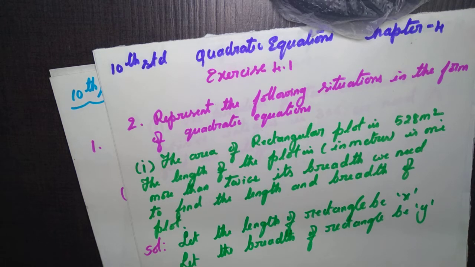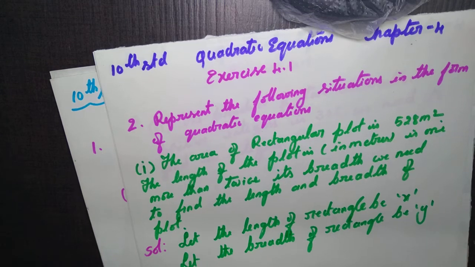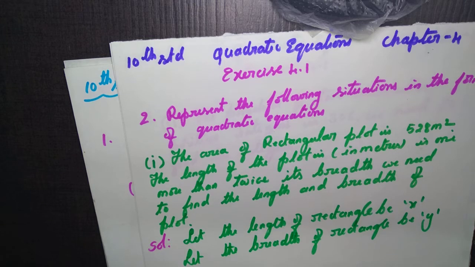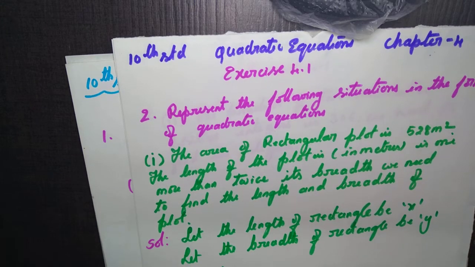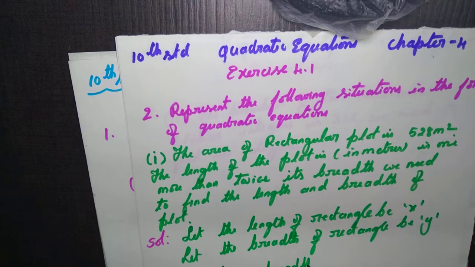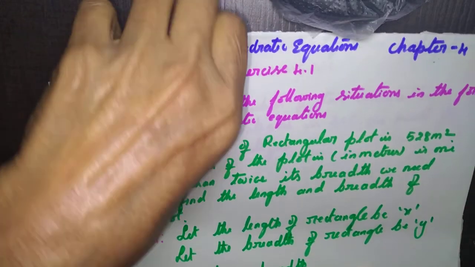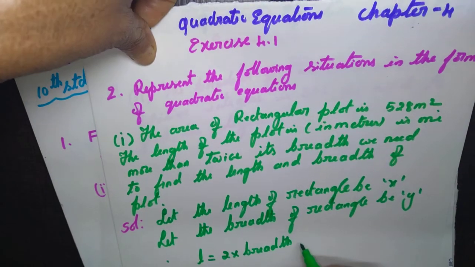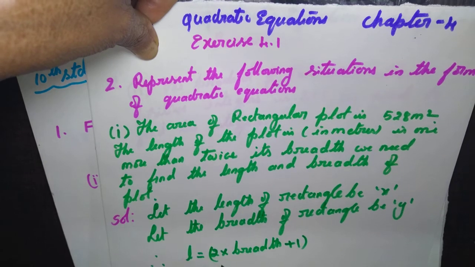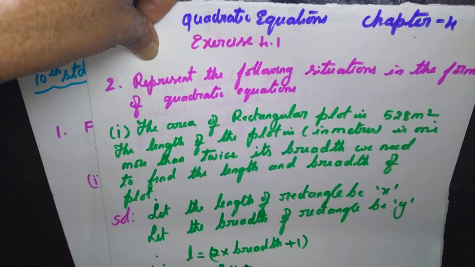Therefore, here they have given that the length of the rectangle is 1 more than twice its breadth. Therefore, L, that is length, is equal to 2 times the breadth plus 1. That becomes 2y plus 1.